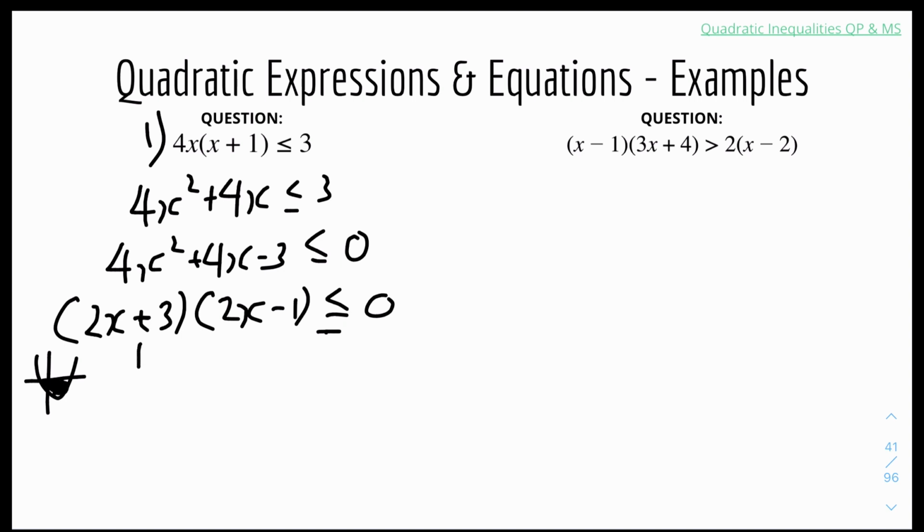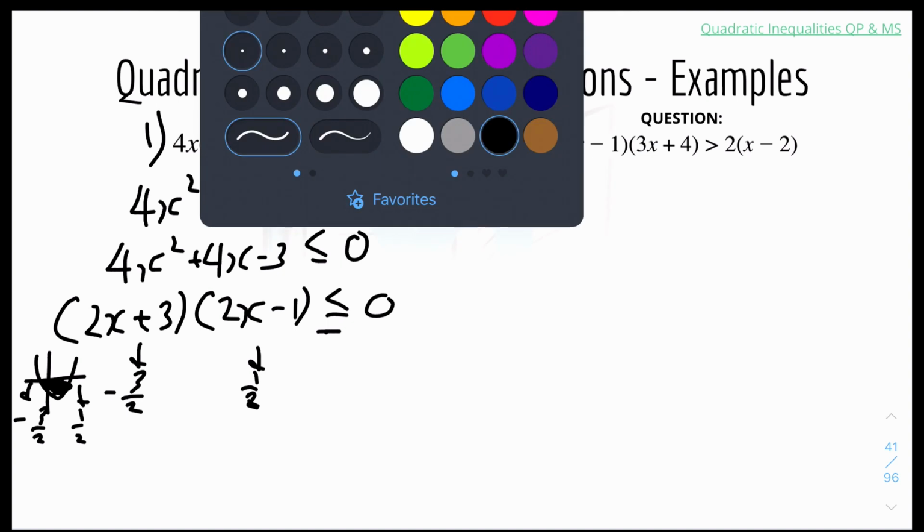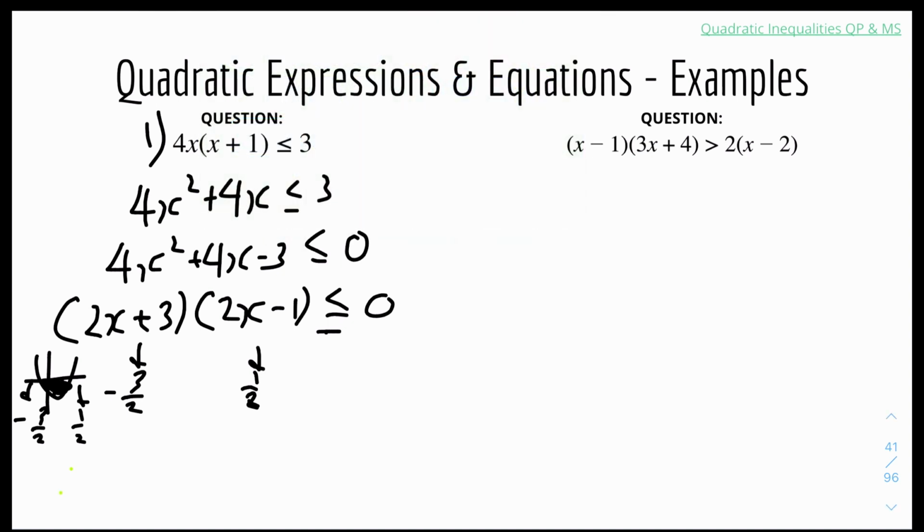That means that we know the roots are minus 3 over 2 and a half. So this point right here will be minus 3 over 2, and this point right here will be a half. And it's between the two regions for the values of x. Hence the value of x is minus 3 over 2 smaller than or equal to x smaller than or equal to 1/2.